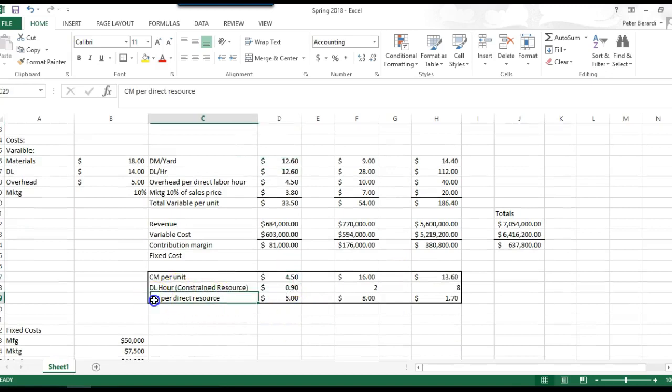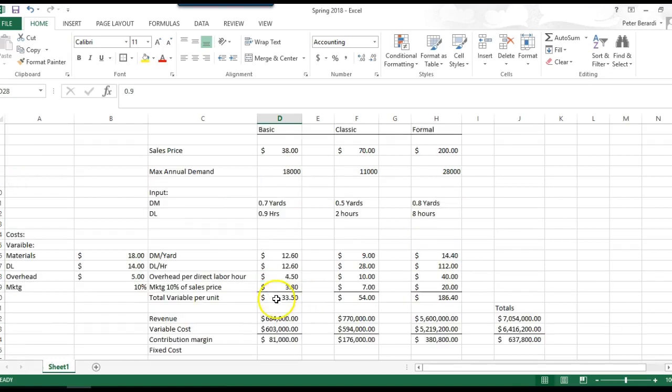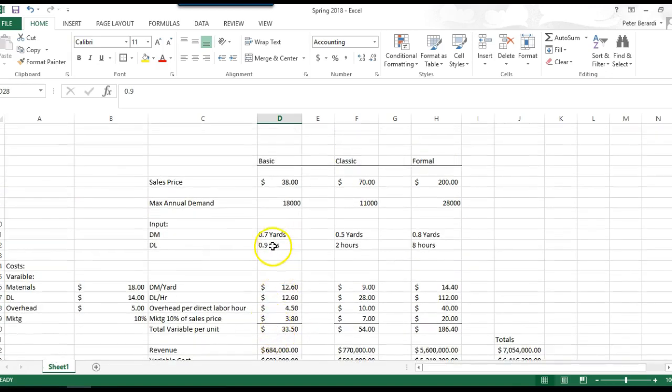To get the contribution per direct resource constraint, which is the direct labor, simply take the contribution margin per unit of $4.50 and divide it by the number of hours it takes to make one of these shirts, in this case 0.9.